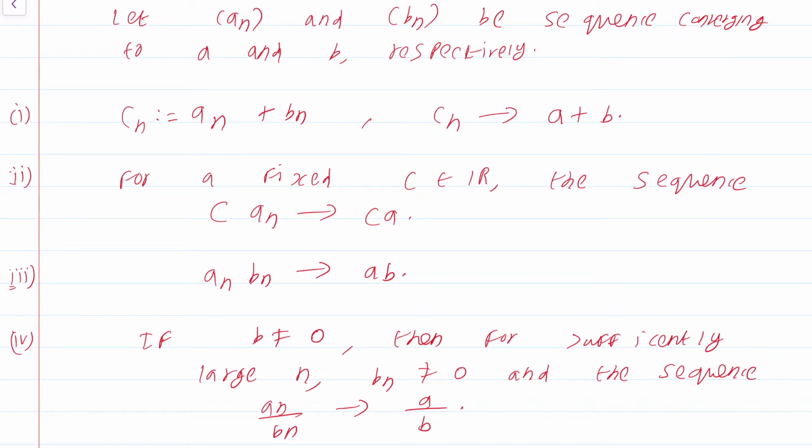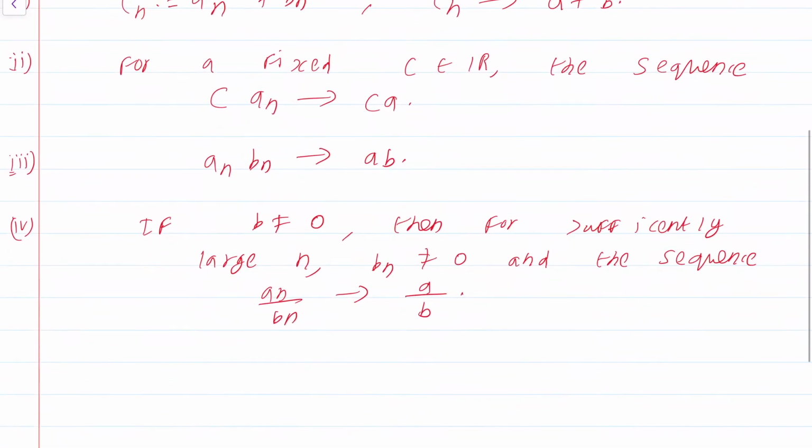So here is a case where this an by bn may not be defined for all n, but the assertion is that for suitably large n, bn is not 0, so an by bn makes sense and an by bn converges to a by b. Excellent. Now let's proceed with the proof one by one.